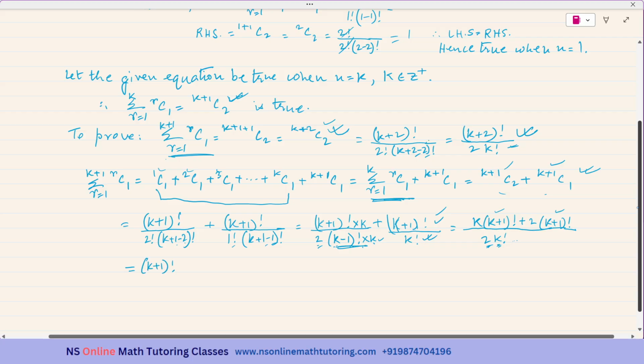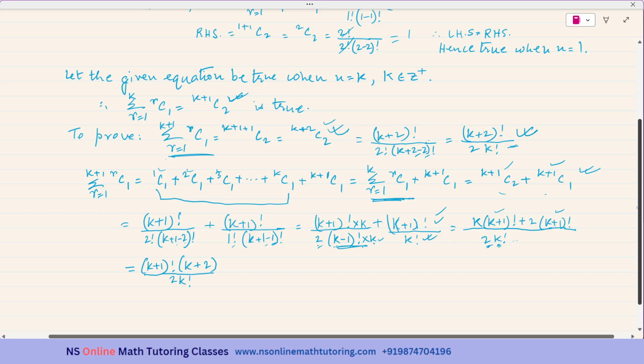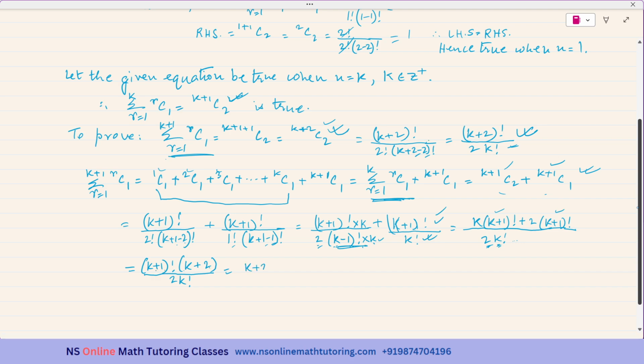So this is K plus 1 factorial, and from the first term it is K, and from the second term it is 2, divided by 2K factorial. And K plus 2 times K plus 1 factorial is nothing but K plus 2 factorial over 2K factorial, which is equal to K plus 2 C2. Proved.